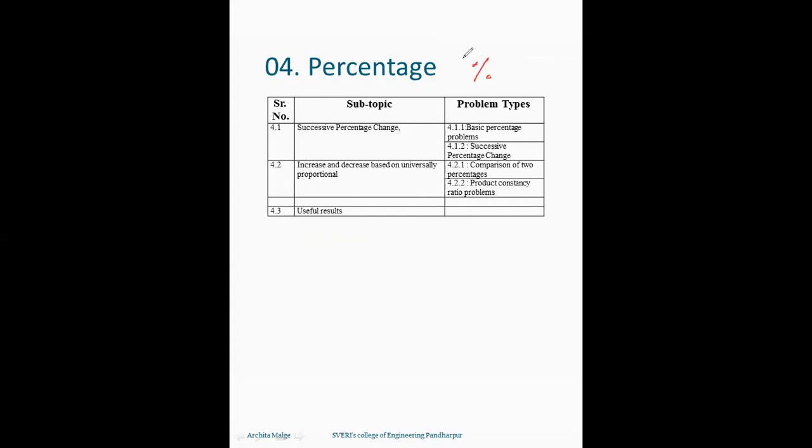We everyone know how we are denoting percent. Okay, so x percent means x divided by 100. Any percentage can be converted into an equivalent fraction by dividing by 100. Suppose we are having some examples.